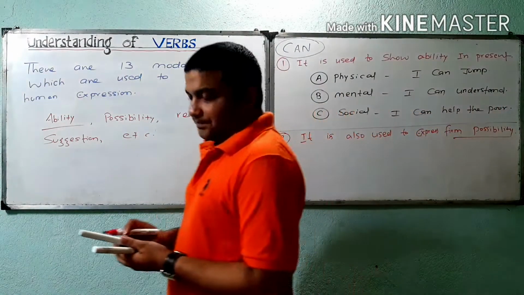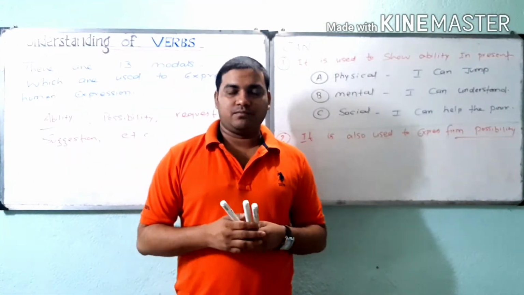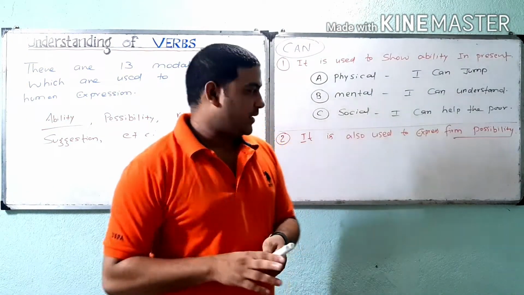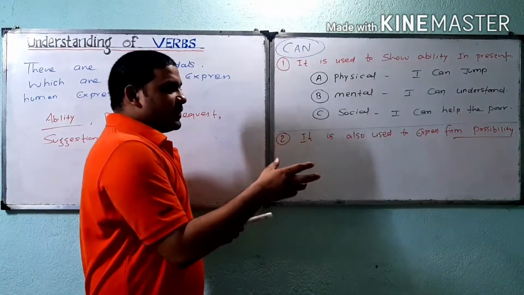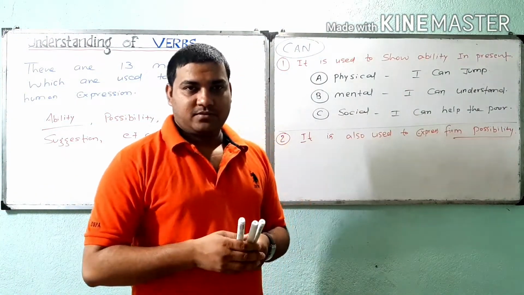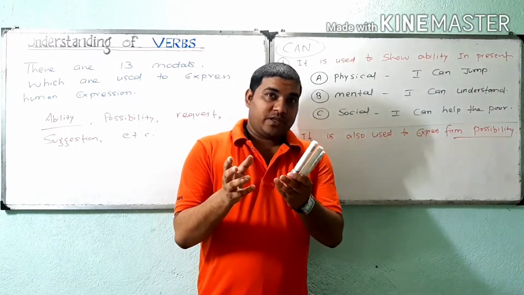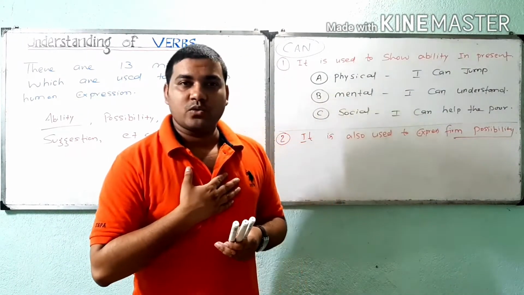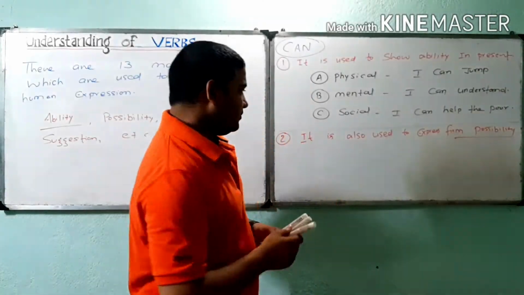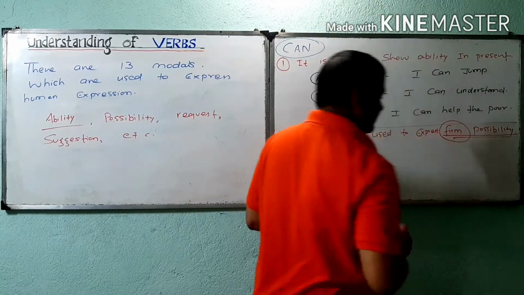You know, guys, possibility can be expressed like firm possibility or weak possibility, remote possibility. So, can is used to express firm possibility, when there are good chances to happen something. Correct? When the speaker is very much sure that something is going to happen, it can happen. That means he wants to express firm possibility.